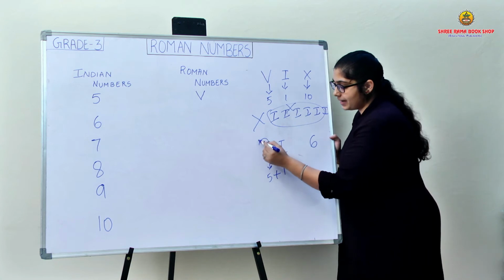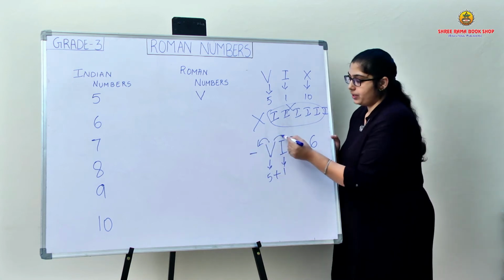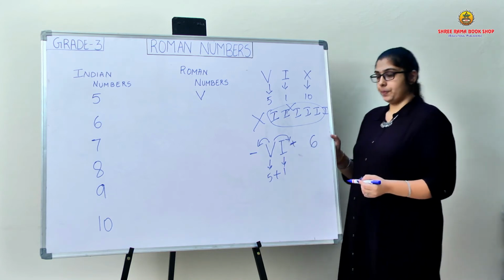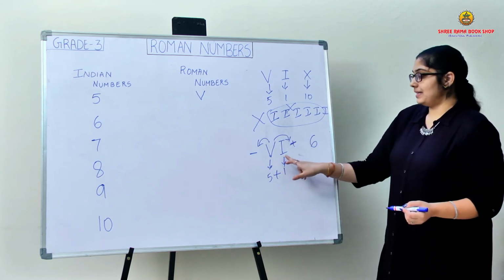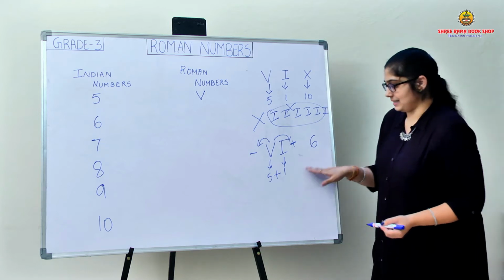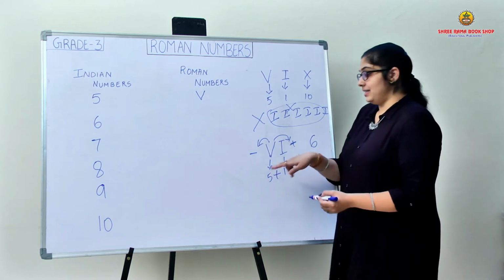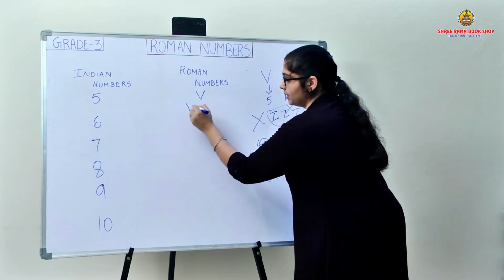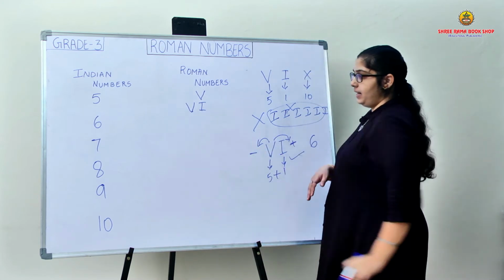If I put this side, I am subtracting. If I put this side, then I need to add the number. Okay, so V plus I represents 6. So 5 plus 1, 6. This is the correct representation. You need to write like this. So here the Roman number is VI.